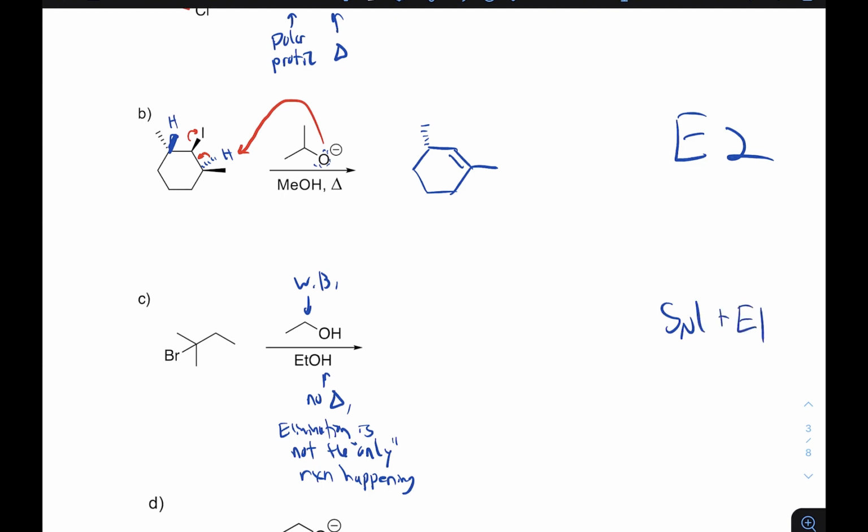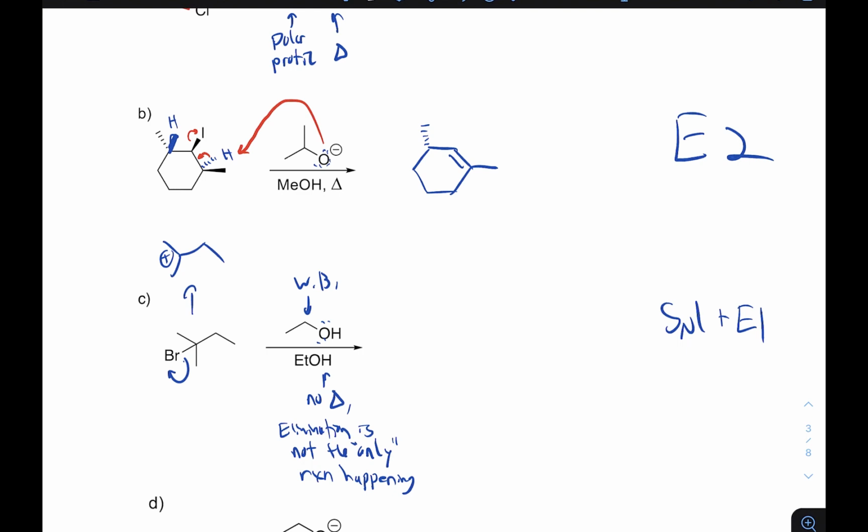In either case, for E1 and SN1, the leaving group leaves first, so we have our carbocation intermediate, and then 2 different things take place, and I'm going to show these in different colors.